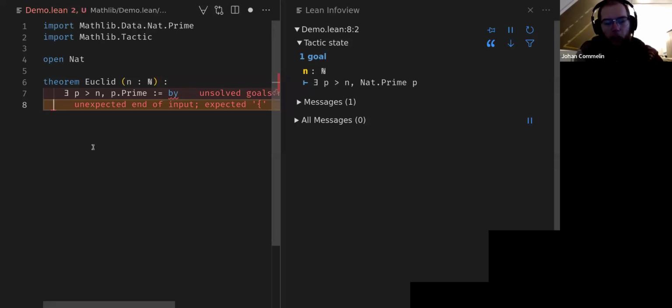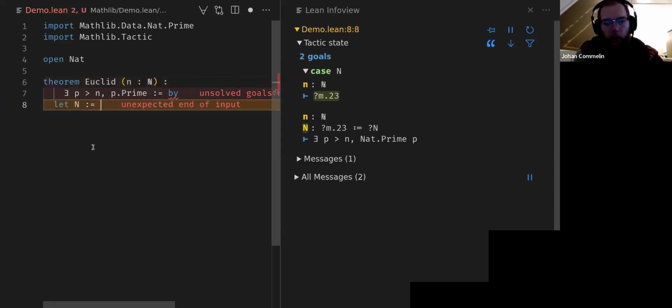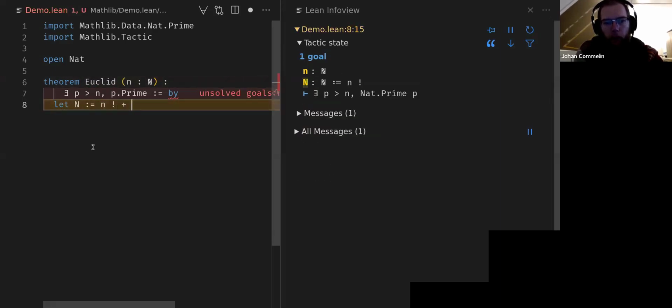But so I'm going to say let capital N be equal to little n factorial plus 1. And as you can see, now we got a new entry in the list of yellow things, namely capital N, which is defined to be n factorial plus 1. Okay.